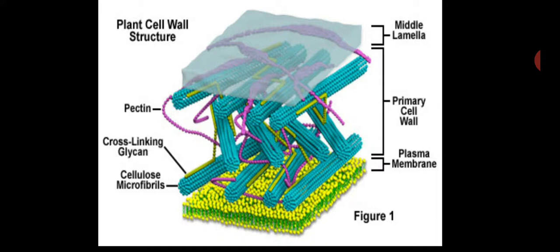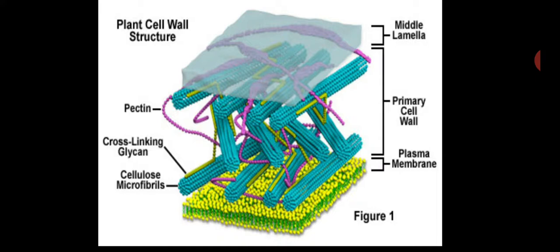Neighboring cells can connect via cytoplasmic strands. Sometimes these regions where the primary cell wall is very thin and there is no secondary cell wall can develop into pits.